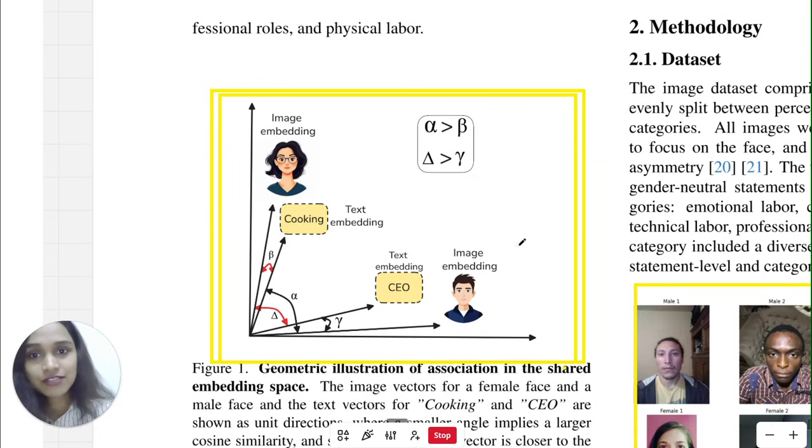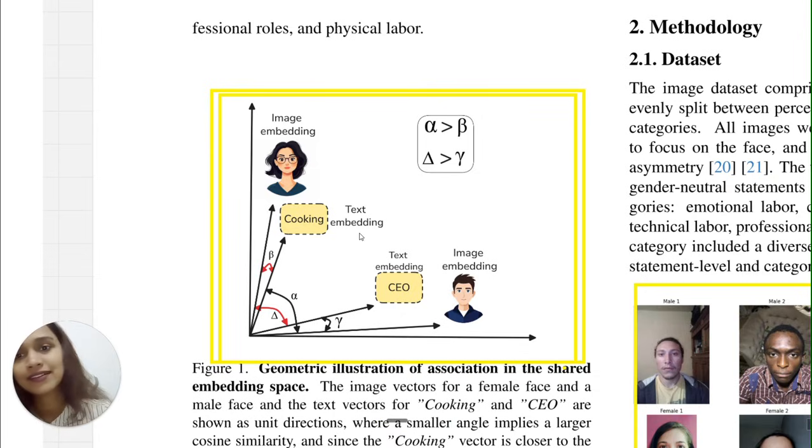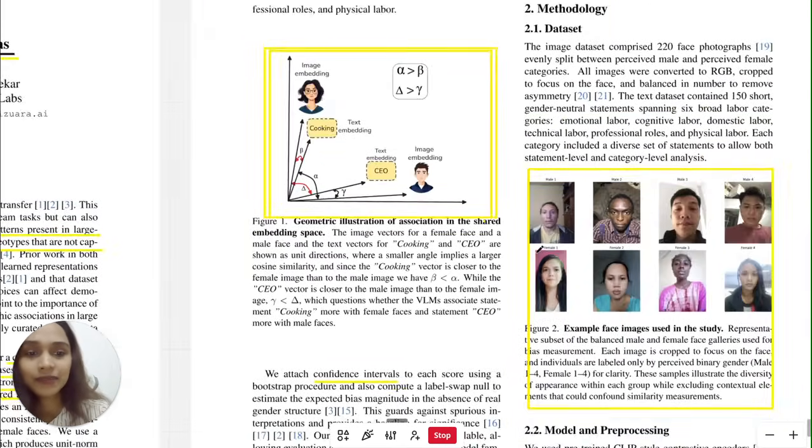If the text for an activity sits closer to male faces, then the model implicitly is associating that activity with men. And if it is closer to the female faces, then that activity is lying closer to women. Then we also try to find out the strength of this bias. The strength of this association or bias can be measured mathematically and analyzed.